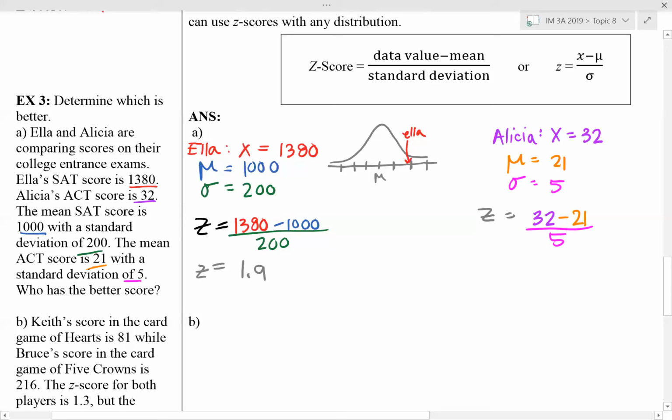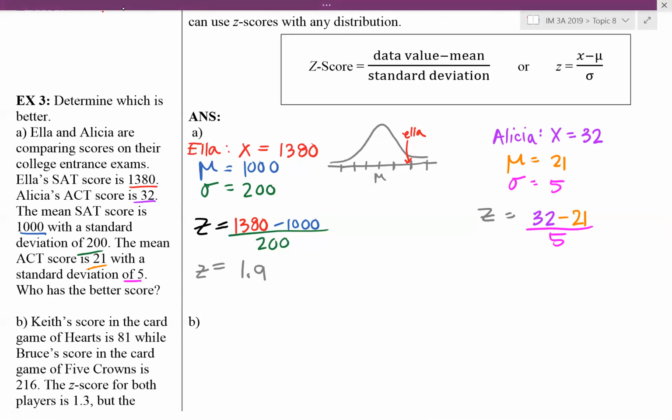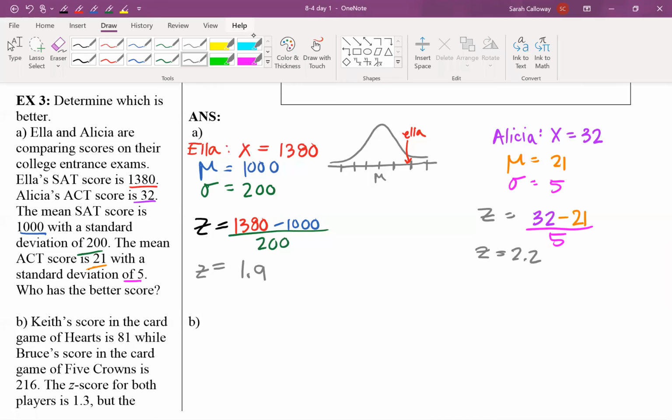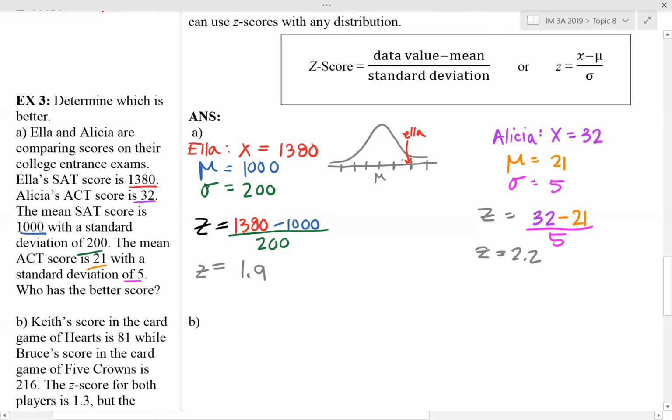So if we calculate that, that gives us a value of 2.2. So that means that Alicia's score is 2.2 standard deviations above the mean. So if this is 1.9, 2.2 would be about here.